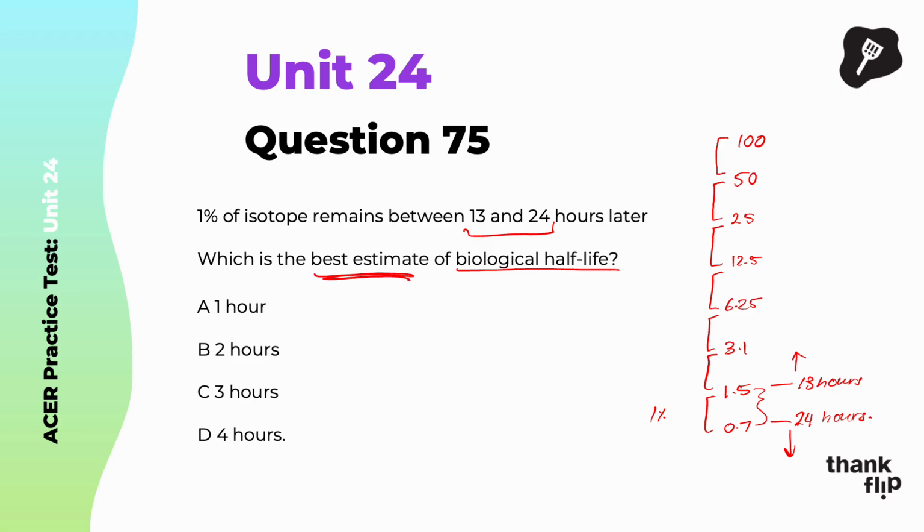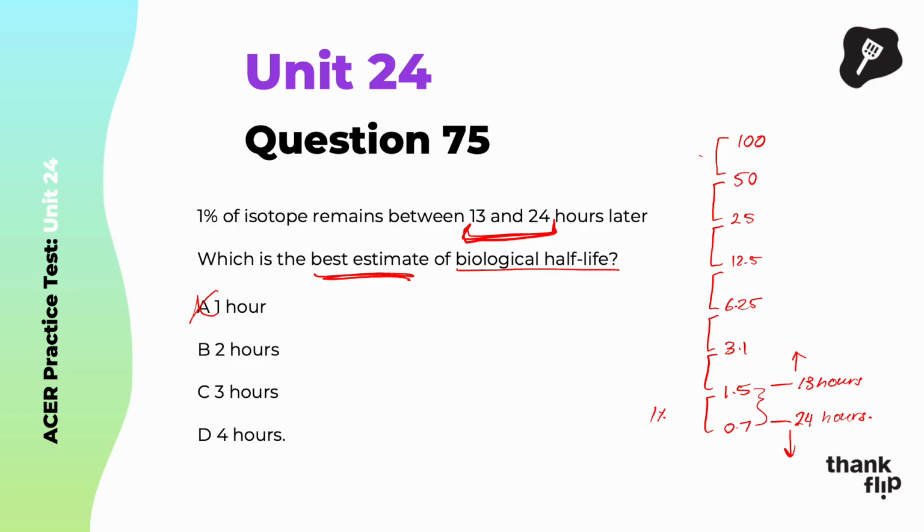So what I'm going to start off by doing is the process of elimination. So we could have 1, 2, 3, 4, 5, 6, 7 hours if 1 hour is each half-life. But we're told that this value of 1% lies between 13 and 24, which is inconsistent with this here, right? So we can eliminate option A.